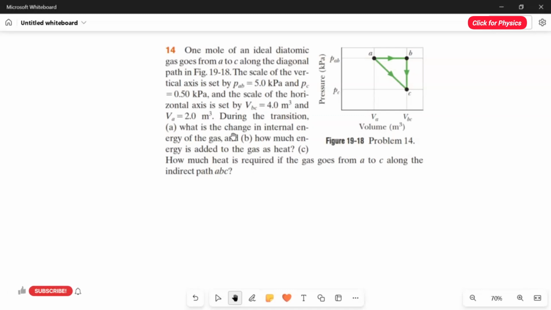In the first question, we have to get the information about the internal energy change. So let's write the given first, and then we can answer one by one. So what is given in this question?